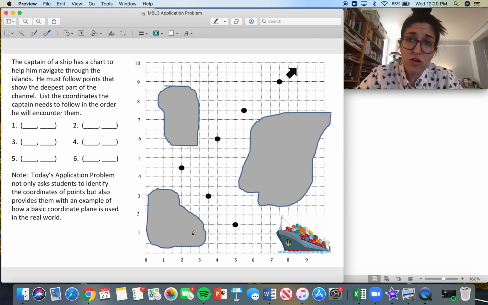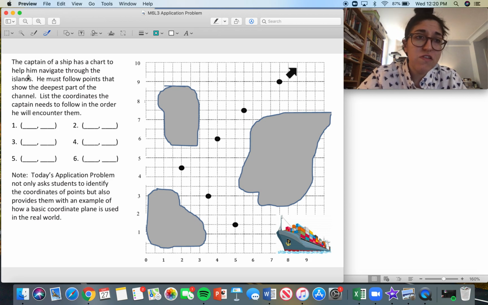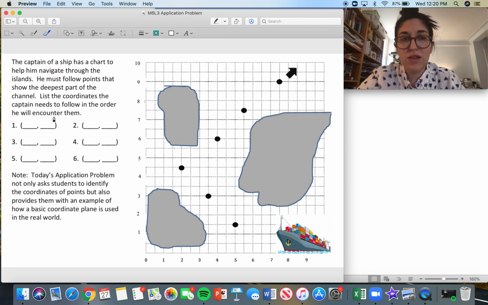So all of you should be able to see this, right? The story says, the captain of a ship has a chart to help him or her navigate through the islands. He or she or they must follow points that show the deepest parts of the channel. List the coordinates the captain needs to follow in the order he, she, or they will encounter them.